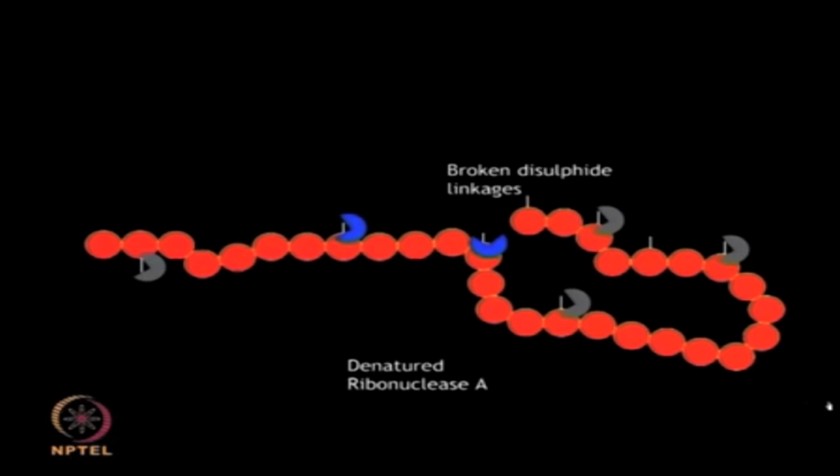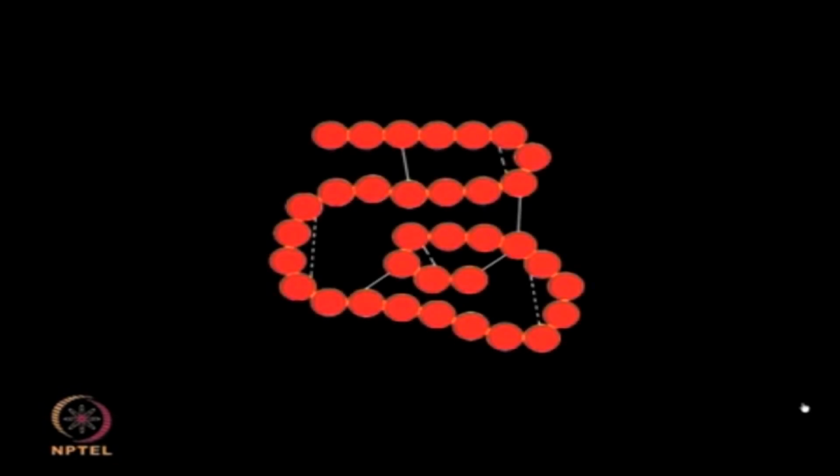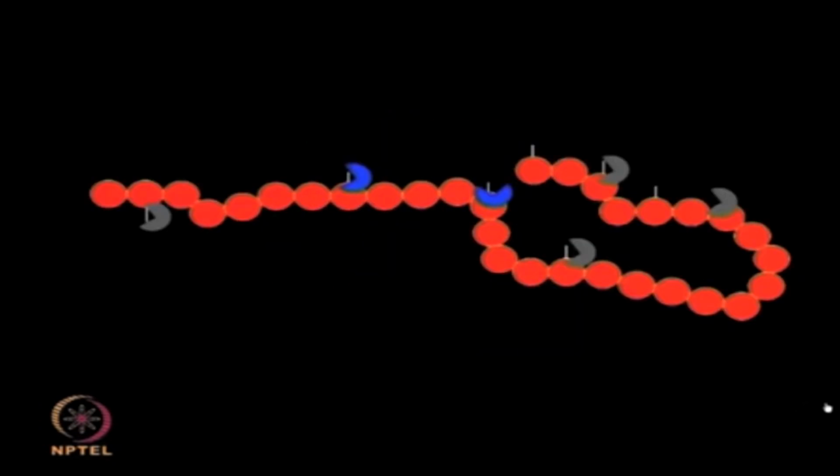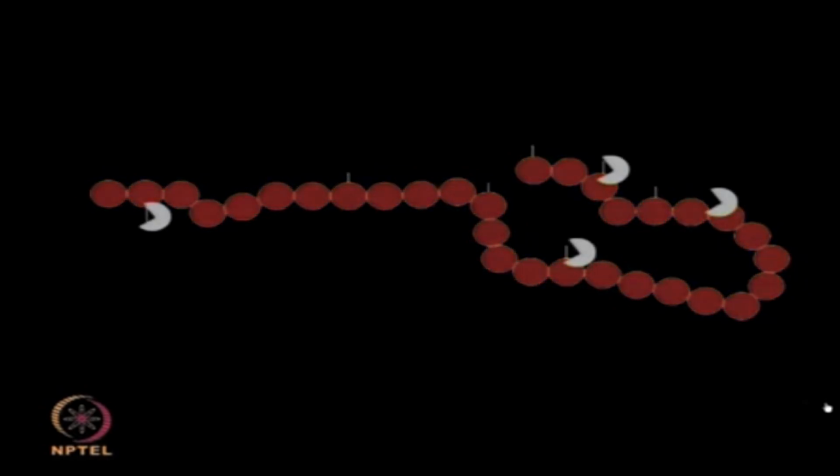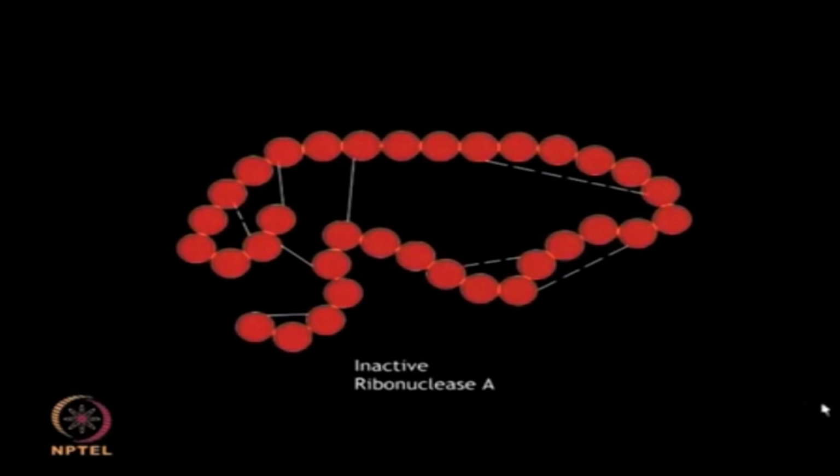It was observed by Anfinsen that removal of urea and beta mercaptoethanol led to the refolding of the enzyme to assume its native state, with more than 90% enzyme activity intact. However, if only beta mercaptoethanol was removed in the presence of urea, the formation of disulfide bonds was random, which led to an enzyme with only around 1% activity.